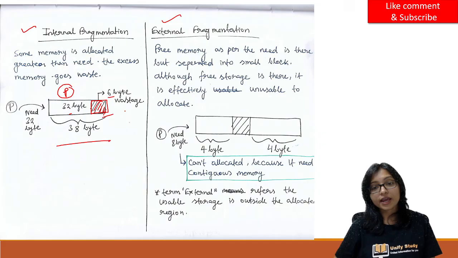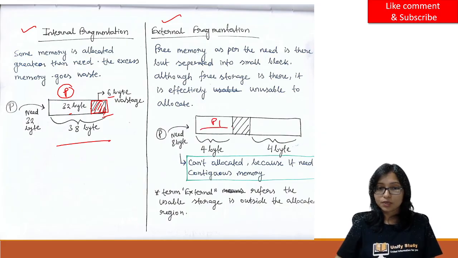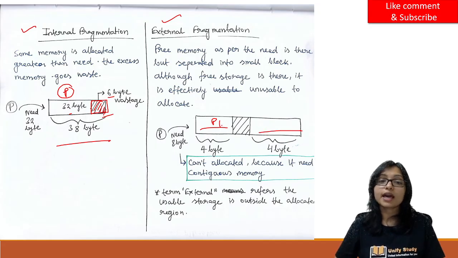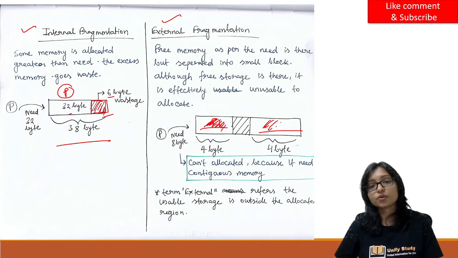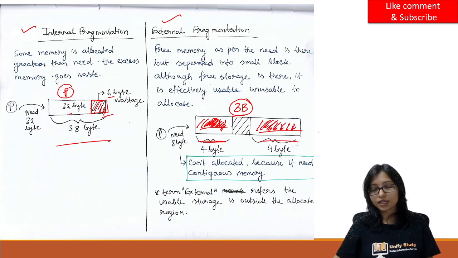What is external fragmentation? Here I allocate a 4 byte process, that is P1. This is free space, this is also free space. Here I allocate maybe a 3 byte process. So this is free also. So 4 bytes are free here, and 4 bytes are free here.